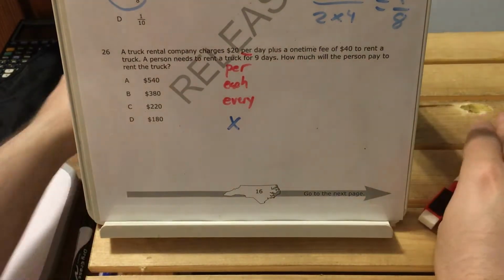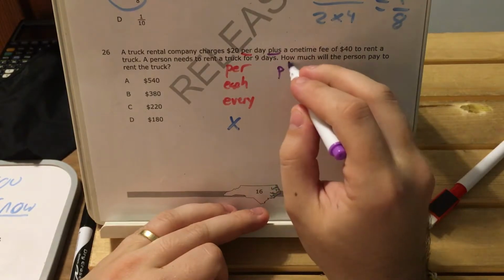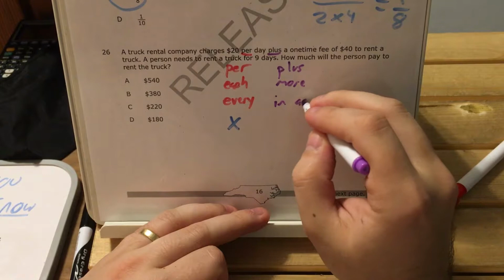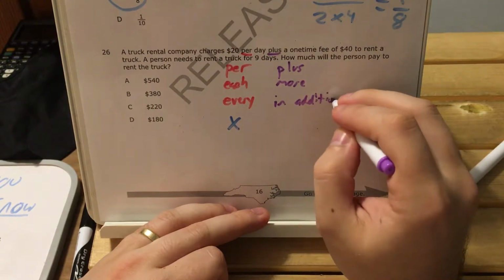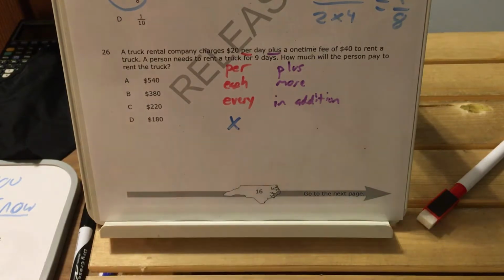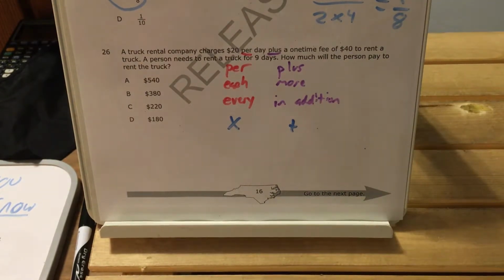And also, I've got something over here, this plus. You might see any of these three words, plus, more, or in addition, and I'm sure you can guess what these are going to translate to. These translate to adding.